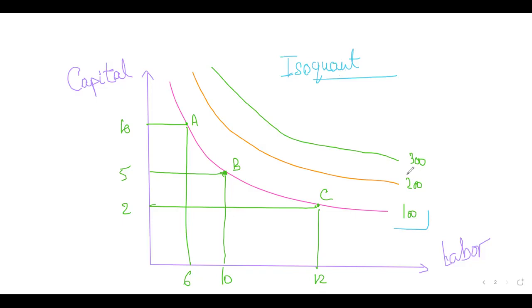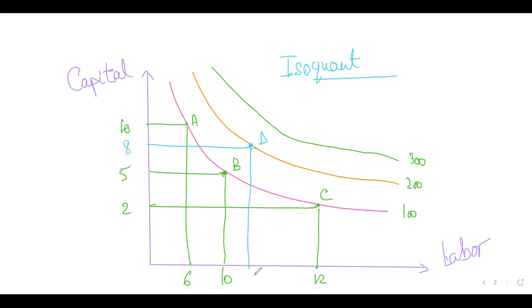Now, if you have to produce 200 units of output, what do you need? Don't you think that you will need more resources, students? Yes, you will need more inputs, and that's the reason why if I choose any point on this orange isoquant, you can see for yourself that point D will require more units of both the inputs.